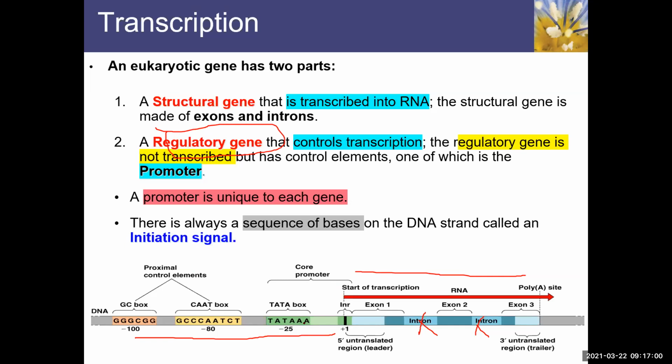So what is present in this regulatory gene? In this regulatory gene, we have the promoters. Now your question might be, what is a promoter? I explained last time, a promoter is simply a DNA sequence. For example, as you can see here, this is thymine, adenine, thymine, adenine, adenine, adenine. This is a promoter, and it has been called a TATA box, the shortest name, rather than saying thymine, adenine, thymine, adenine, adenine.